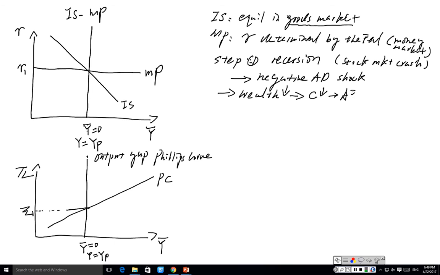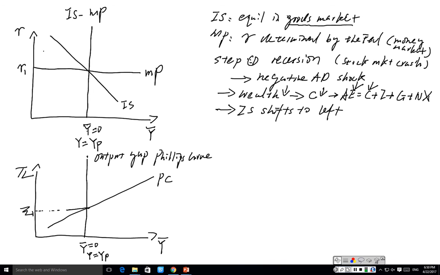And using the AE function, when the stock market crashes, the consumption level goes down, and aggregate expenditure goes down. That's what we said, a typical negative aggregate demand shock. As we learned previously, when a negative aggregate demand shock happens, the IS curve shifts to the left.